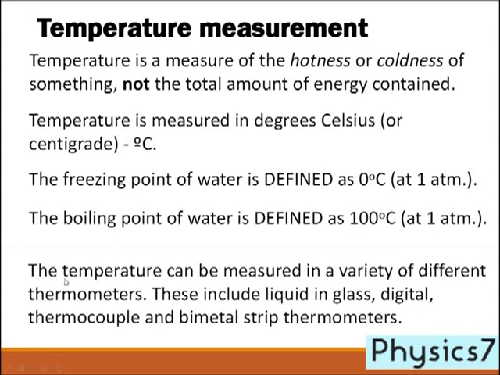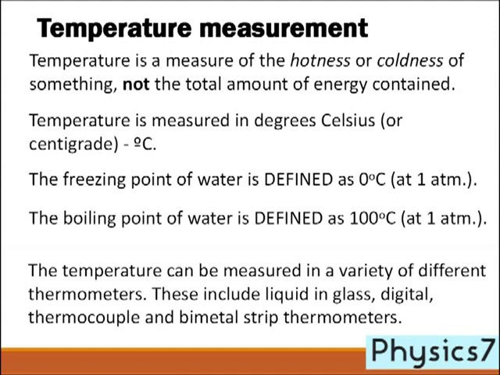And temperature can be measured in a variety of different ways, using different thermometers. These include, for example, ones that we're familiar with in the laboratory, where you have a liquid in a glass.